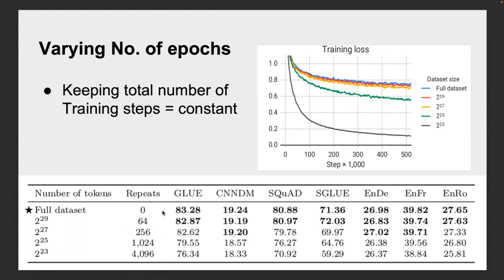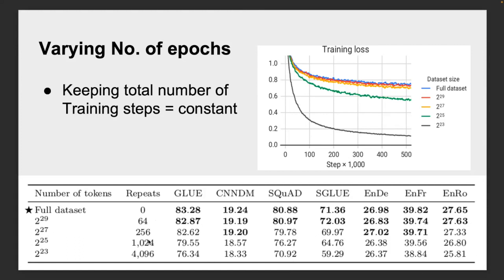And then they want to see what the performance is. Of course, you can see that pre-training with the clean full data set wins. But it's also very interesting to see that even if you decrease the data set size by 64 times, the performance still holds, so it does not degrade much. But if you make it a much smaller data set, like 200 times smaller, and repeat it more, the performance starts degrading.